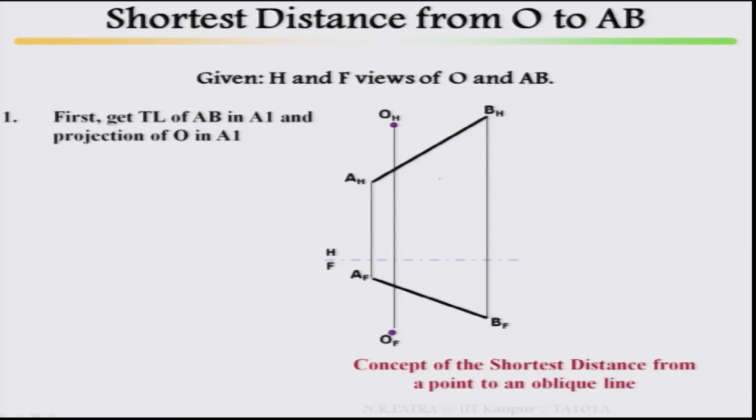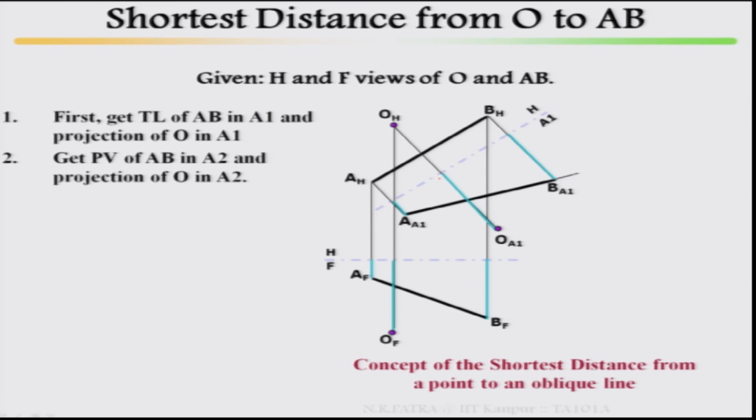First get, as I said, true length of AB in A1, projection of O in A1, draw it back, find the true length. This is your true length AA1, BA1, then point OA1, then draw it back from point O. So, you will get the line as an edge view, that means that is a point here AA2, PA2 and BA2.